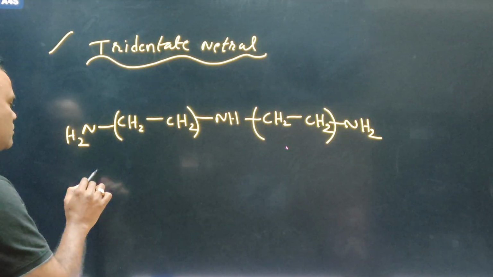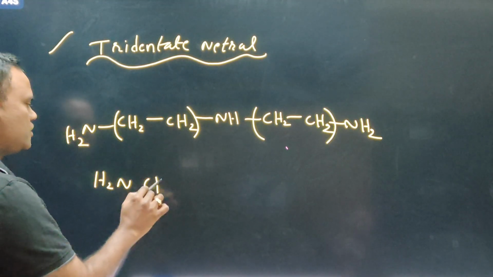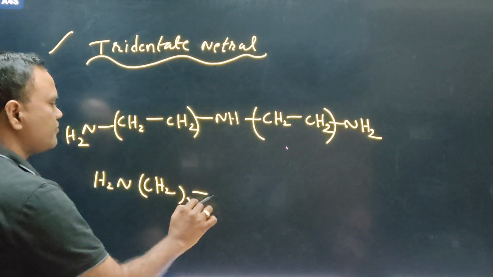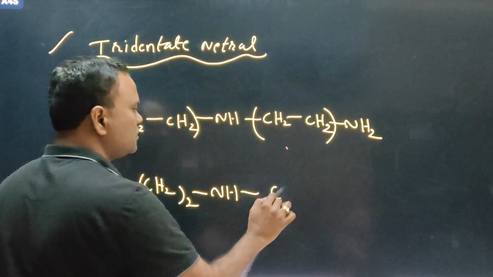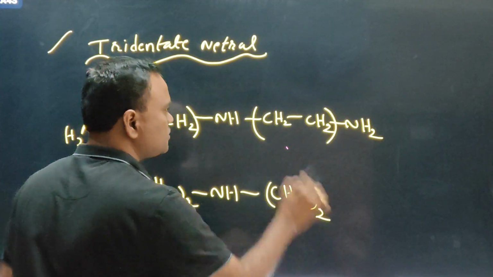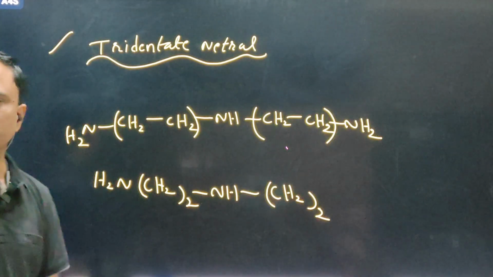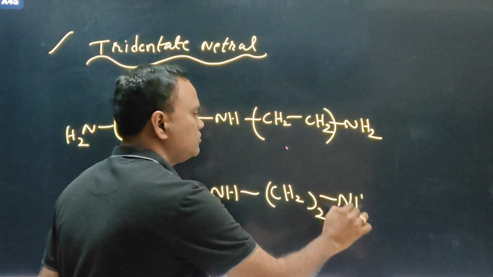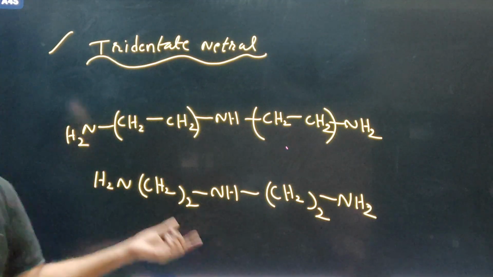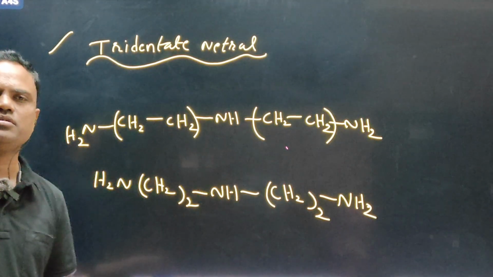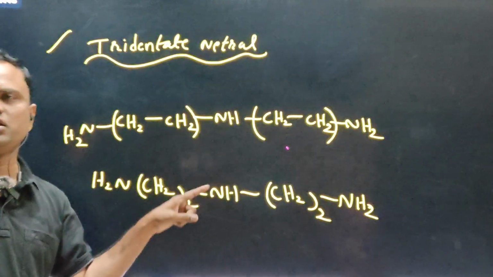We can write it like this also: NH2, CH2 taken twice, NH, CH2 taken twice, NH2, because this is present 2 times. Can you give its name? How many ethylene groups are present? 2. Diethylene.